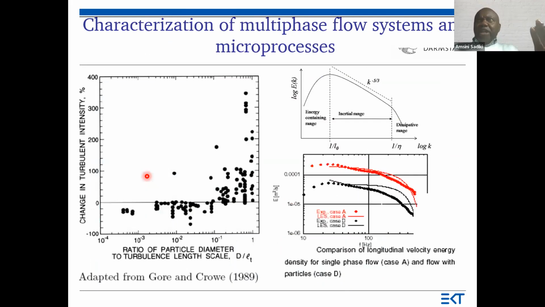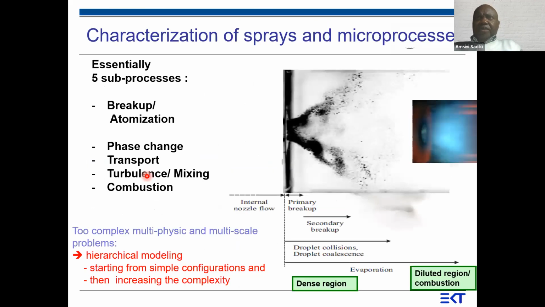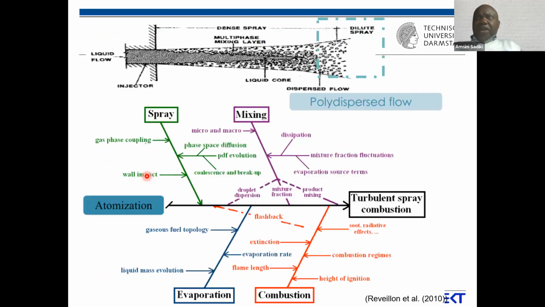With respect to the momentum and with respect to the mass, we have also the coupling. And with respect to energy, it is similar to the momentum. So I think you get your answer.